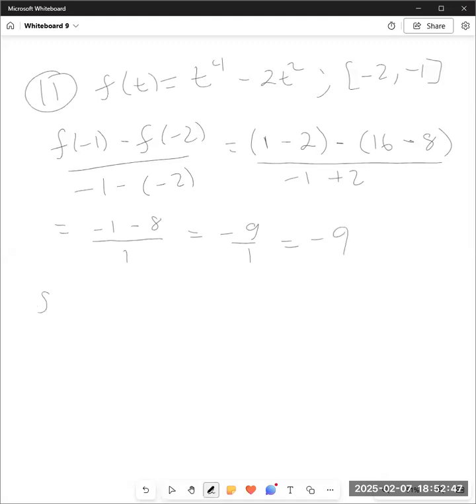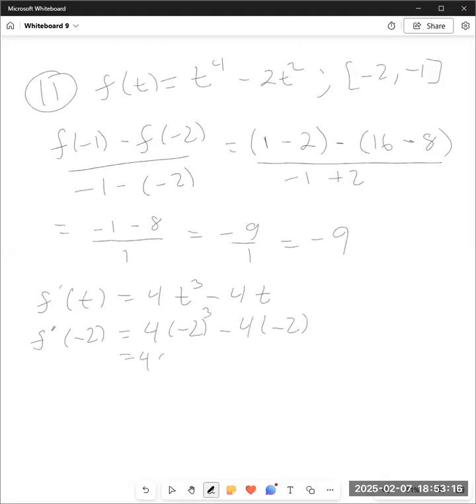Let's look at f prime of t, and that should be 4t to the third minus 4t. 4 times 1 is 4, drop the exponent by 1. 2 times -2 is -4, drop the exponent by 1. F prime of -2 is 4 times -2 to the third power minus 4 times -2.